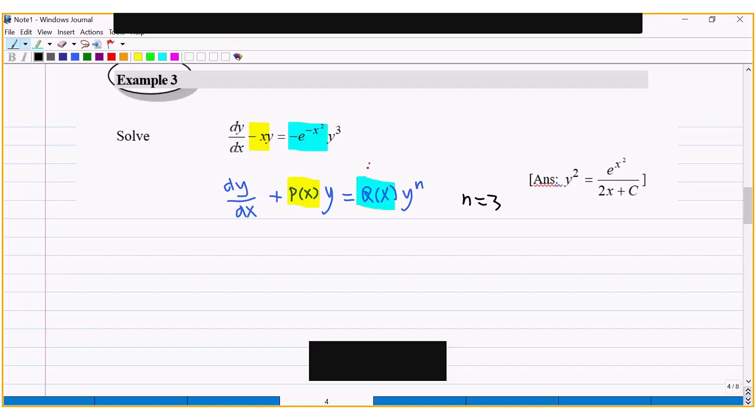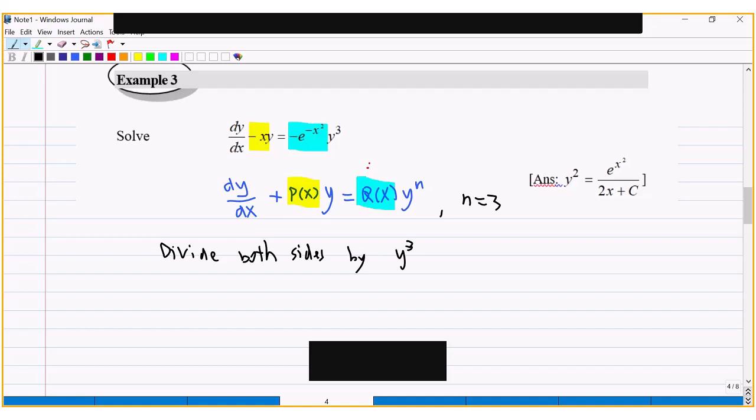So what you do is divide both sides by y power 3. Right? So divide both sides now by y power 3.